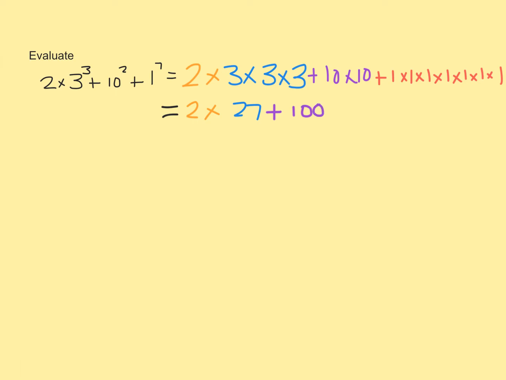And then we've got to add in this lot over here. So what is 1 times 1 times 1 times 1 times 1, 7 times? Well, it is simply 1. Next thing we need to do is 2 by 27 is 54 plus 101 equals 155.